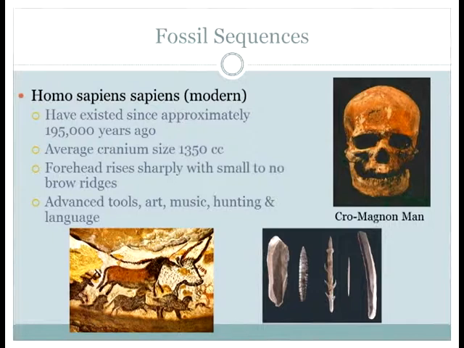So we've seen a steady increase in the cranial capacity and the size of the brain. In the layers around modern Homo sapiens, we find very advanced tools. We find evidence of art. We find little statues. We find evidence of musical instruments. All kinds of more advanced culture, indicating obviously the higher thought processes and higher rational thinking processes of modern Homo sapiens.